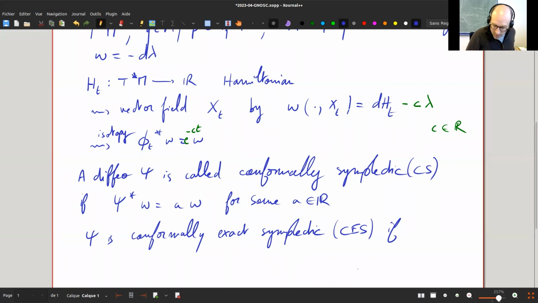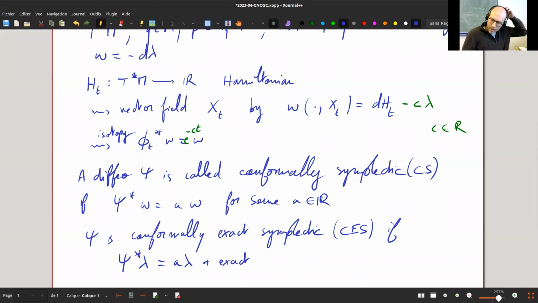It is conformally exact symplectic if it behaves well with respect to the Liouville form also. So if we have something like this, plus some exact form. A priori this is closed, and we say it's exact if the remainder we have here is exact.